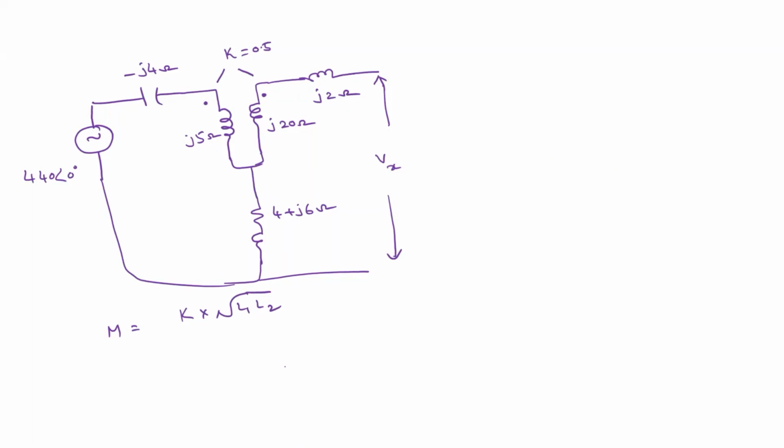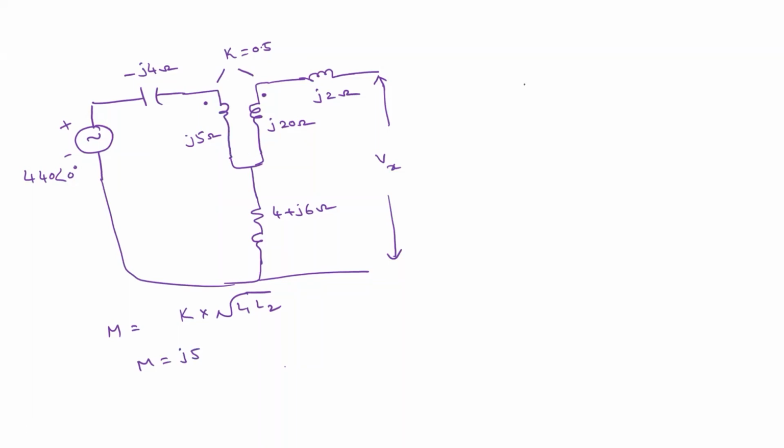So what's the polarity of the AC source? If nothing is given, that means the top is plus. So what is the value of M? J5. M is J5, right?